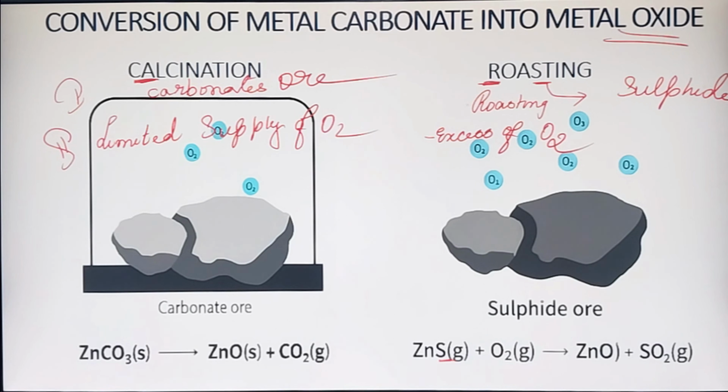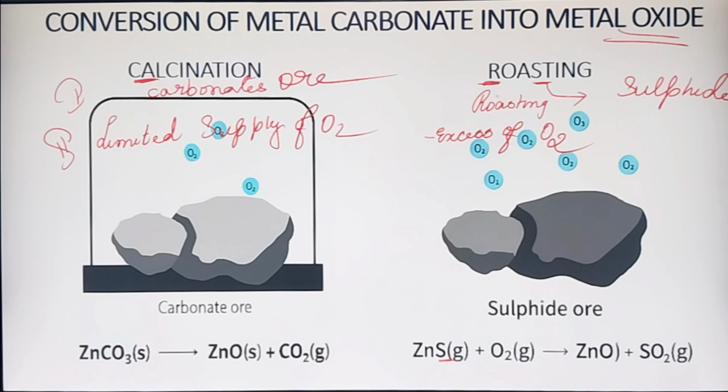Okay, roasting is RS. What does this mean? Roasting is carried out only and only for which type of ore? Sulphide ores. Okay, so RS, roasting is for sulphide ore, and roasting always happens when there is a huge amount of oxygen, when it happens in an excess of oxygen. Heating is happening when there is a lot of oxygen.